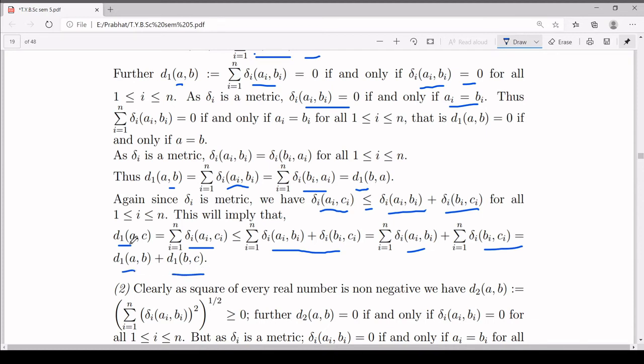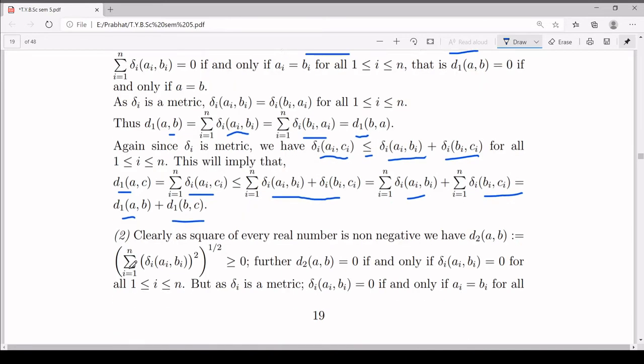That proves that D1 of AC is less than or equal to D1 of AB plus D1 of BC. That means you have proved the triangle inequality for D1, and you can conclude D1 is a metric on the product of the Xi.